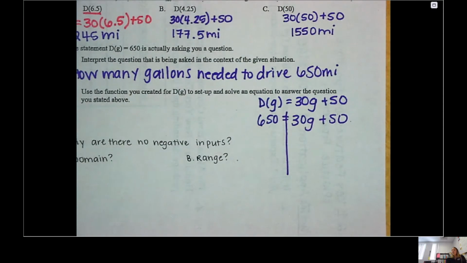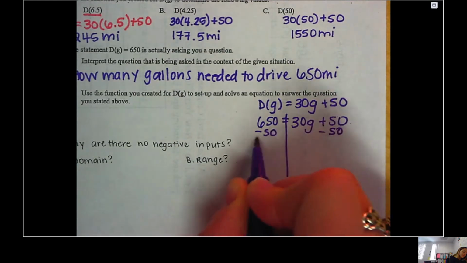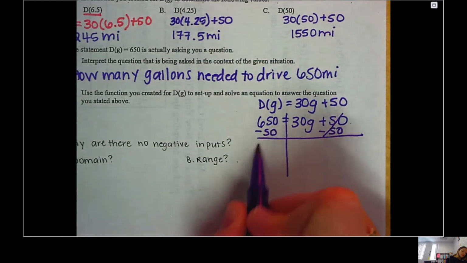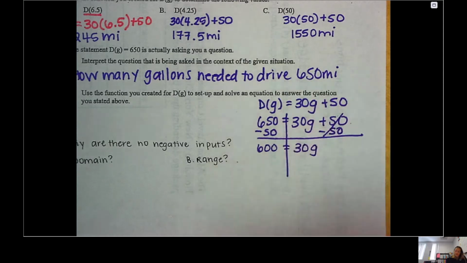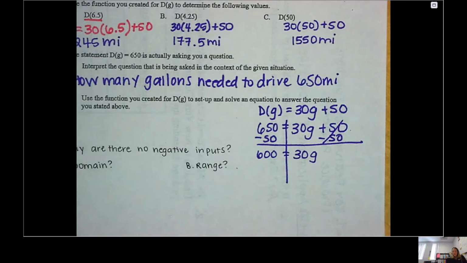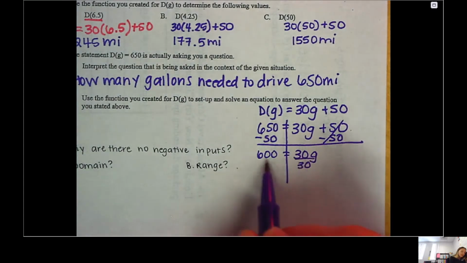And you know what this is right here? That's just an algebra problem that you want to solve, and you want to get G all by itself. So what should I do first? Minus the 50 from both sides. Good. You get 600 equals 30G. And then what's the last step? Divide both sides by 30.